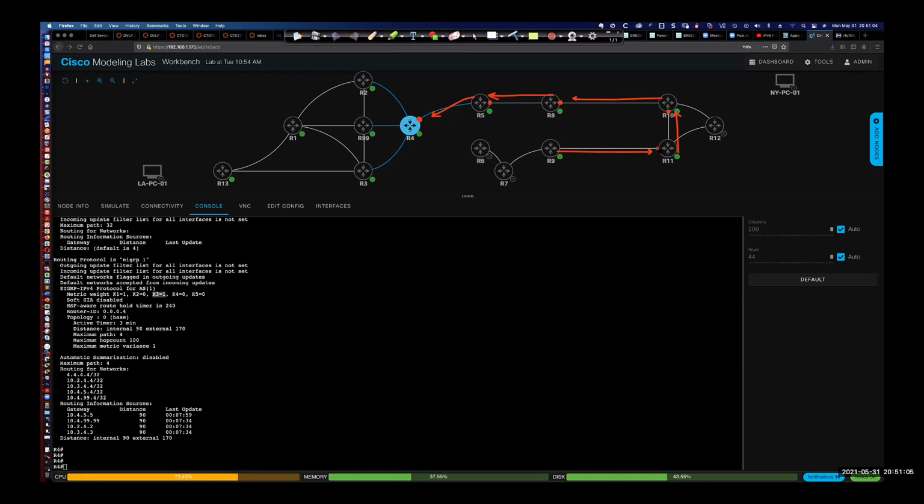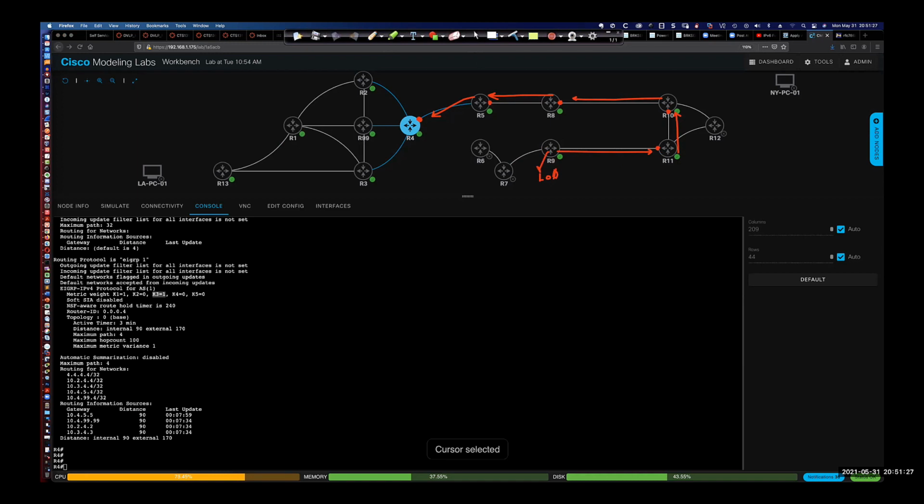So it's not every interface where it looks at what the delay value is. It only looks at the outgoing, and we're here on router 9, and it's going to treat that loopback address. There will be a delay for the loopback address because it's virtual, loopback 0. And so it's looking at the outgoing interfaces to see what their delay is.